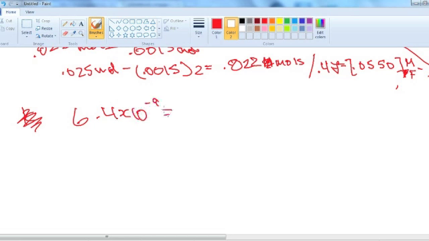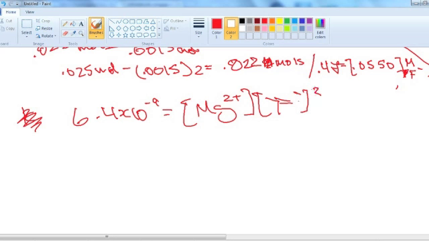We have Mg 2 plus concentration here, and we have fluorine concentration right there, squared. Beautiful. So then we just plug in the fluorine concentration right here, and then we solve for this missing value, and we'll label that as X.